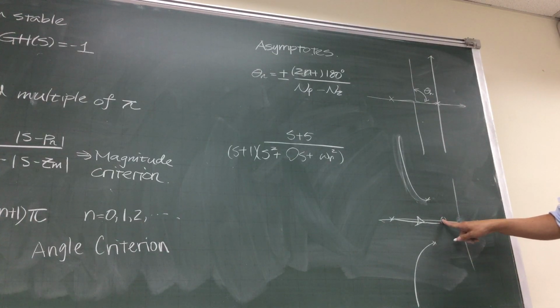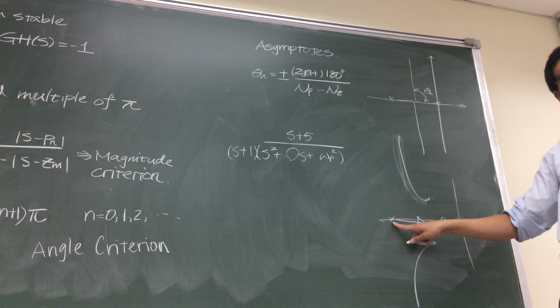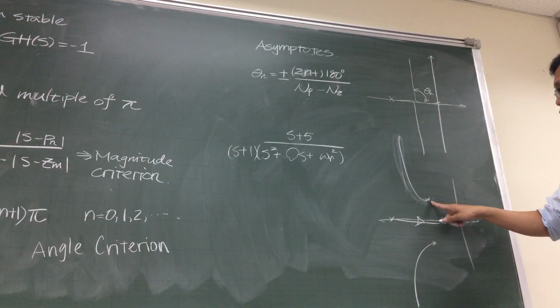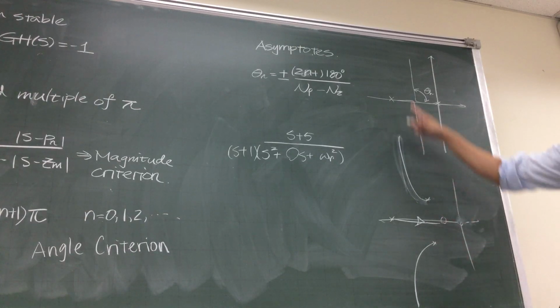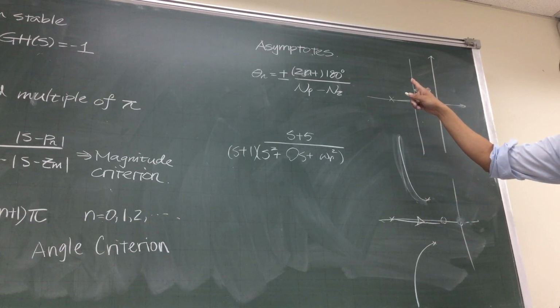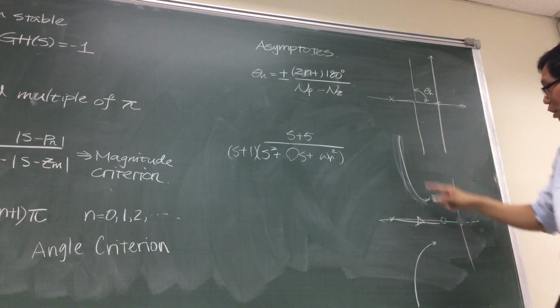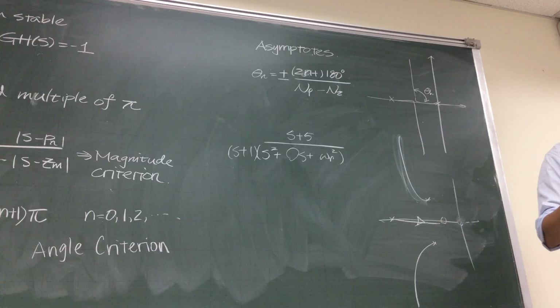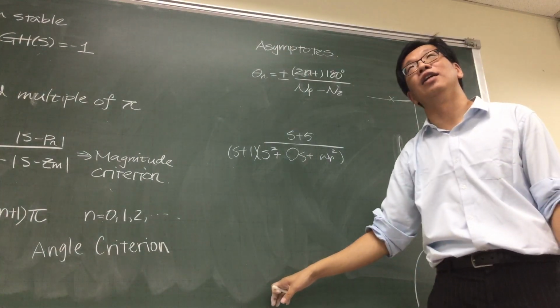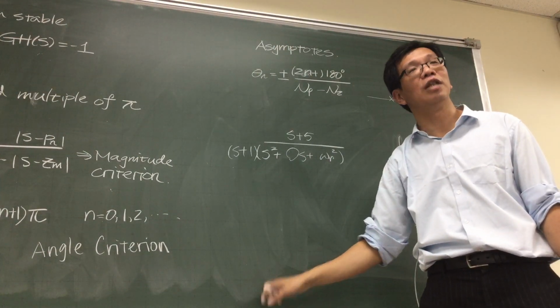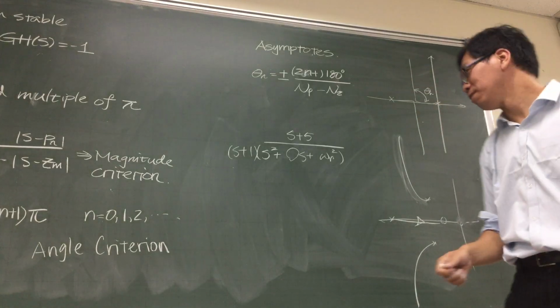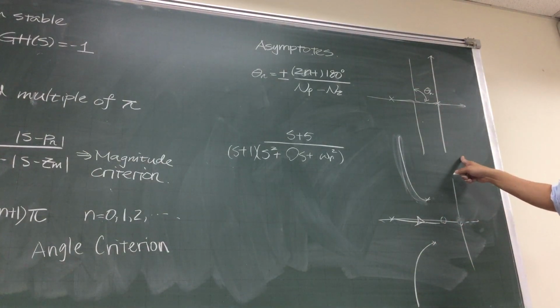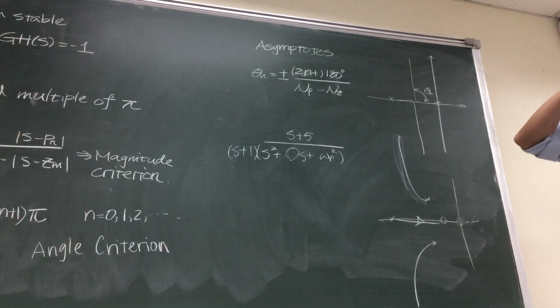So this one has no choice but to attract this pole over here. So this one and this one have no choice but to get to positive 90 and negative 90. It can be this direction, it can be this direction, but no matter what you do, it must be positive, negative 90 degrees.